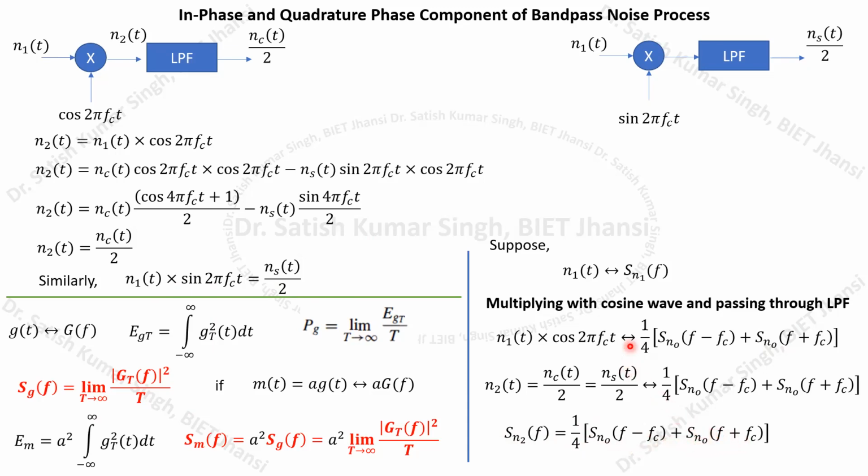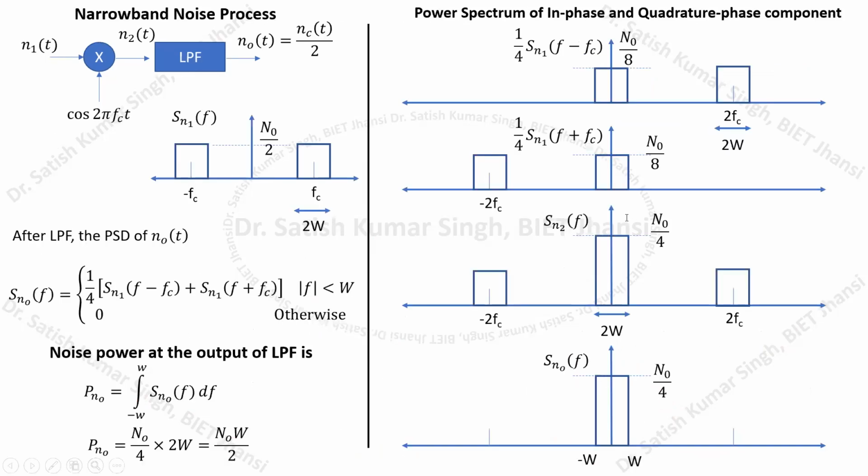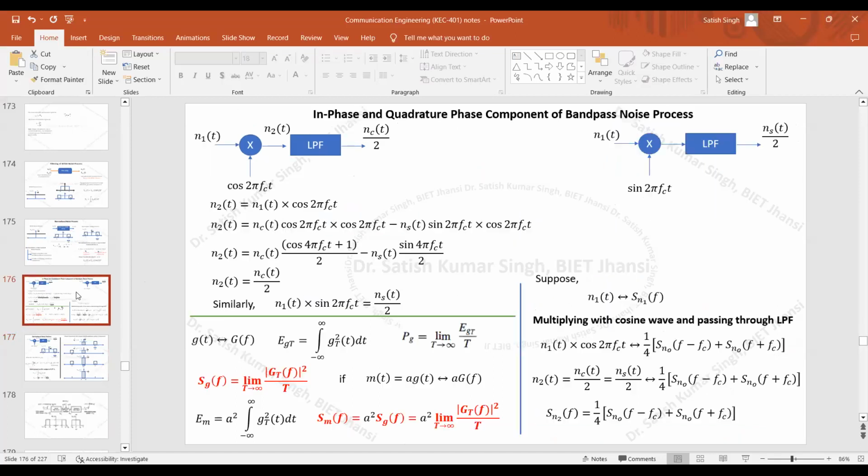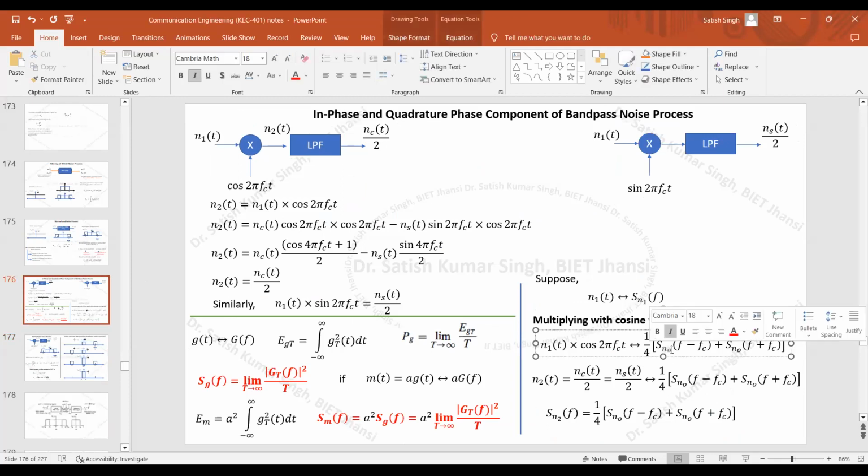So let me correct it here itself, otherwise you may get confused. Let me first make a little bit of correction over here so that you should not be confused. So it should be N1. It should also be N1. Then again, it should be N1.